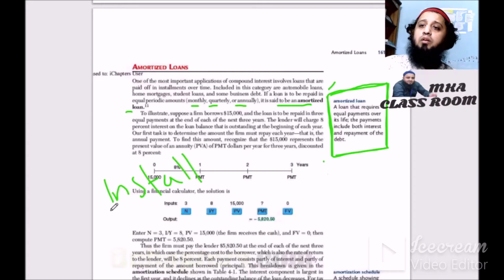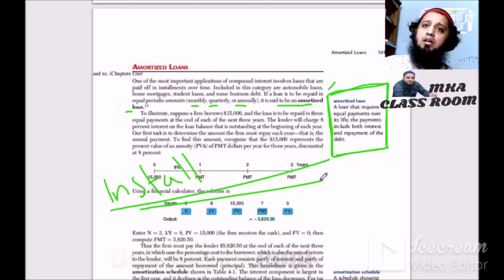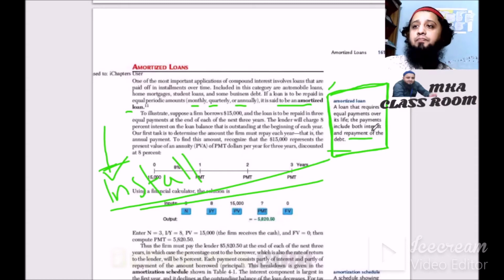That means each month has a single payment, equal payment, and continue to its life of loan. That is our installment. So you have to determine this installment, which will include your repayment of debt and interest.